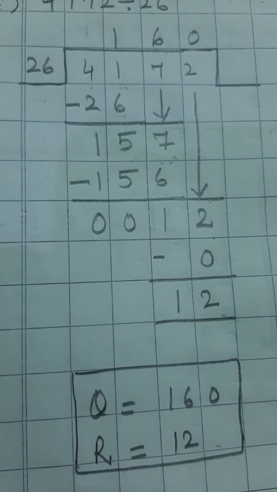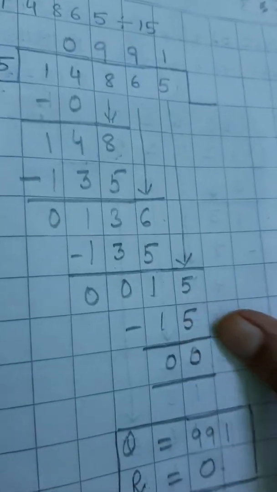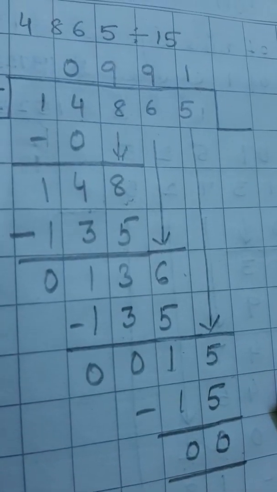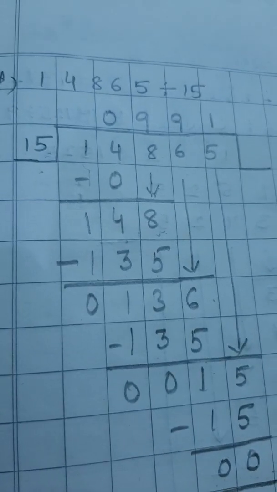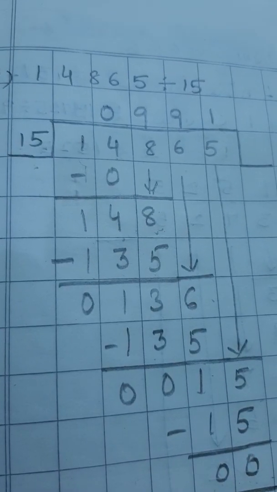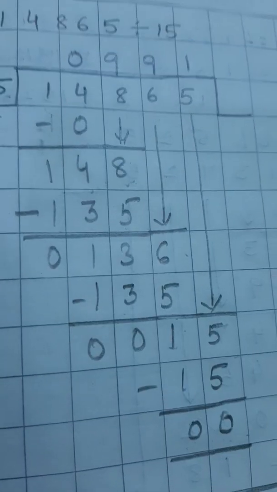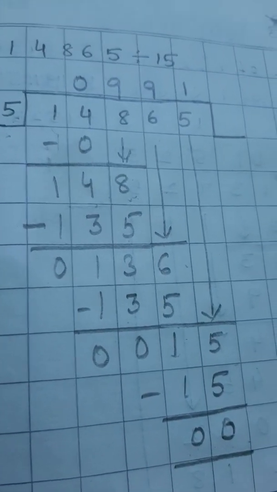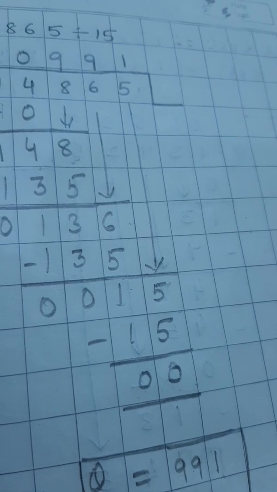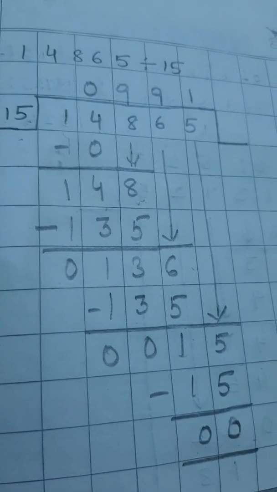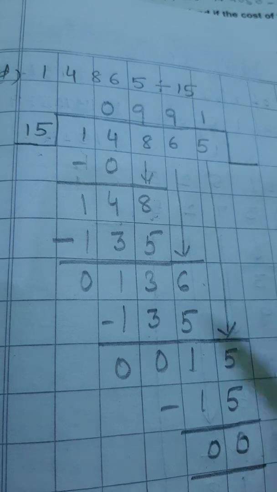In the similar way, students, you can do the D part, and that is 14,865 divided by 15. So you all know the table of 15, so there is no need to make the table for 15, but if you want, you can write it on this side for your convenience, or you can do it directly also.